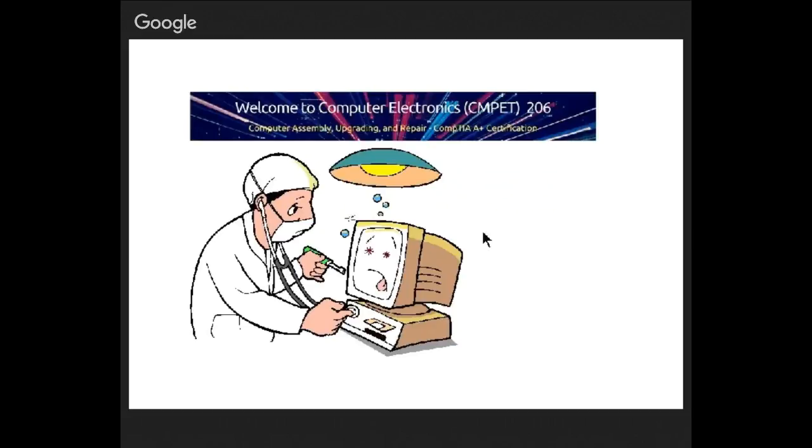It's not exactly that way, but it's a continuation. There's too much to cover in one semester entirely, so in this course, Computer Electronics 206, we go through the first half, and then the 210 goes through the second half.